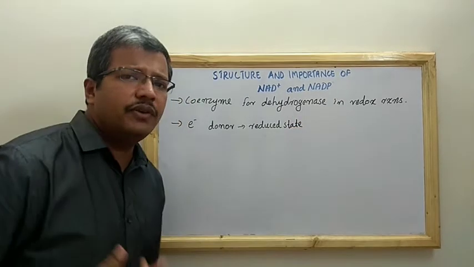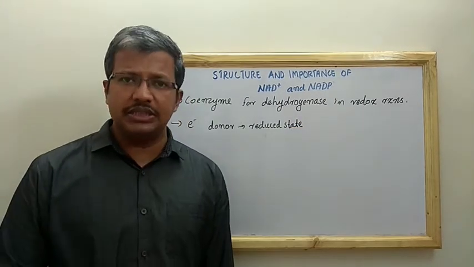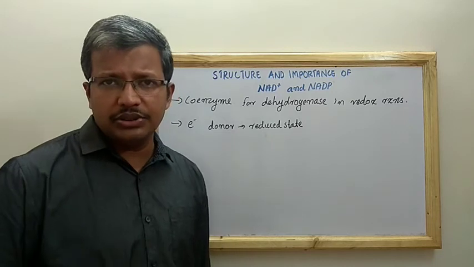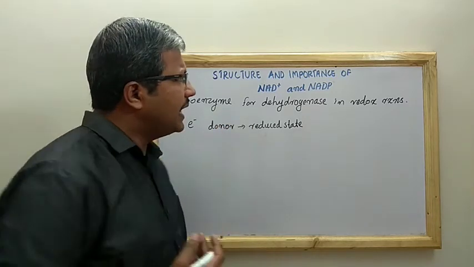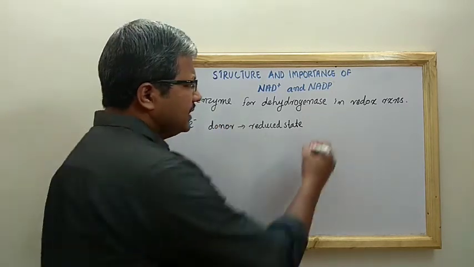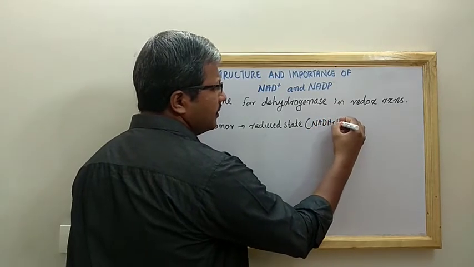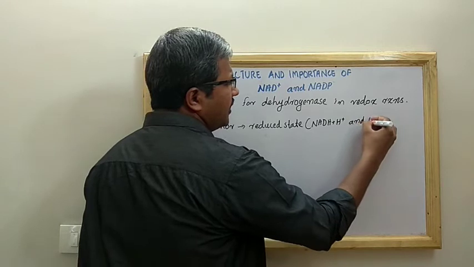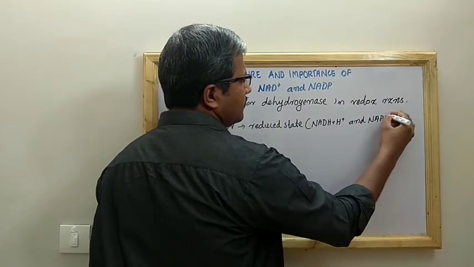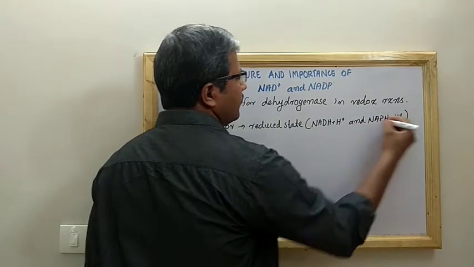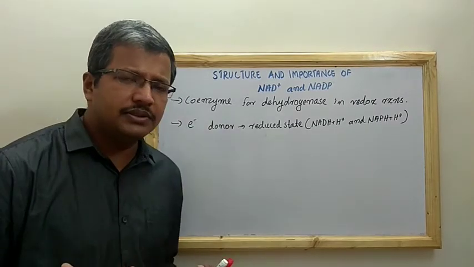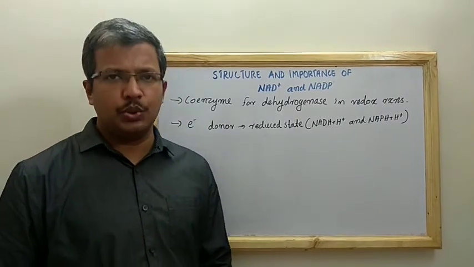So it gives off electrons when it is in the reduced state. And what are the reduced states of NAD plus and NADP? We know that they are nothing but NADH plus and NADPH. So when it is in the reduced state, it acts as the electron donor.